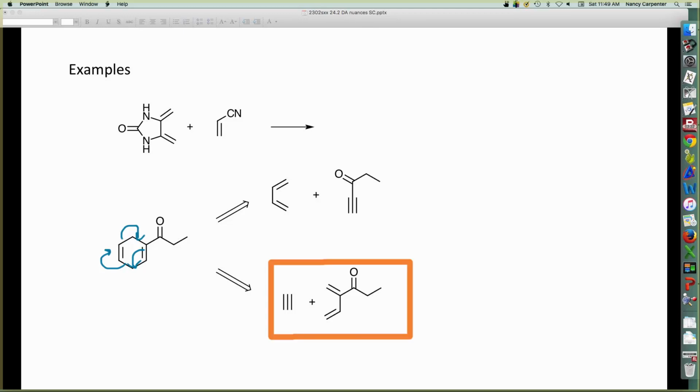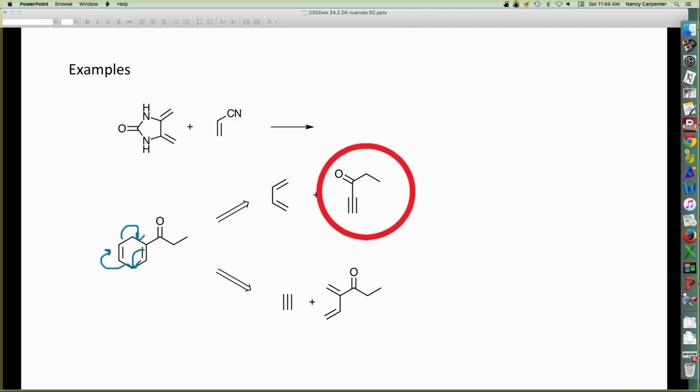Well, which one's better? Well, the one that has the electron poor dienophile is better, and the one that has the electron poor dienophile is that guy, because again, this is an electron withdrawing substituent. I could show this resonance contributor that pulls electron density out of my dienophile, in this case an alkyne.